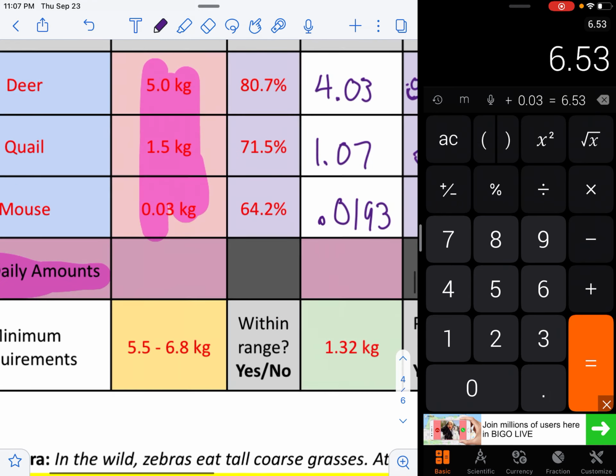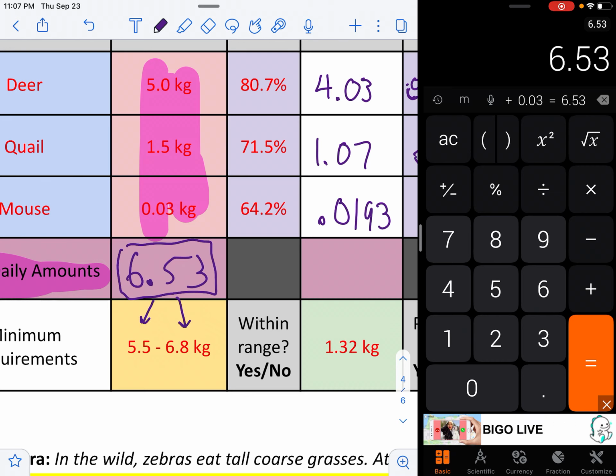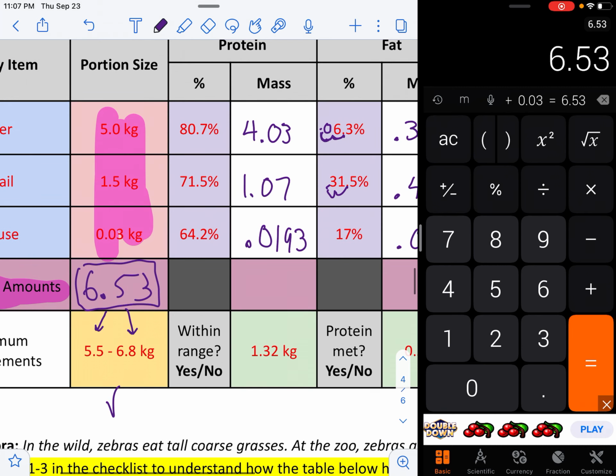And I get 6.53. Now this number has to fall in the range between these two other numbers. Which it does. 6.5 is in between 5.5 and 6.8. So this checks out. We can move on to the next part.